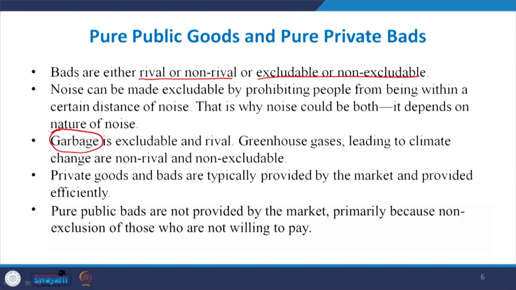is excludable and rival. For instance, household garbage. If you are supplying household garbage, and someone is demanding that household garbage by paying a negative price, then the same quantity will not be available for others to demand.